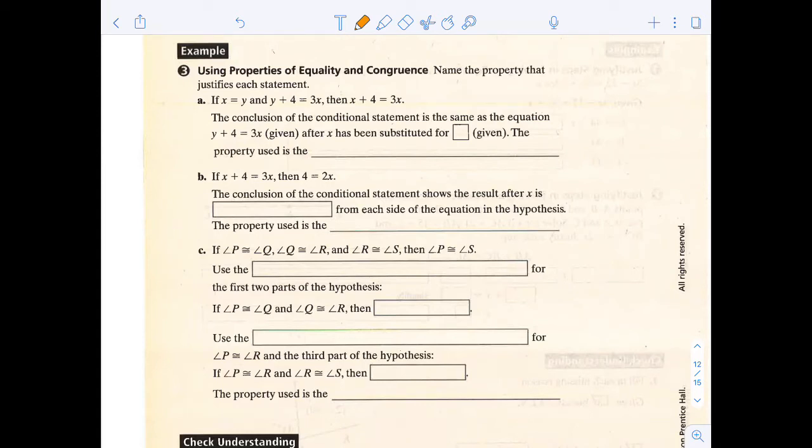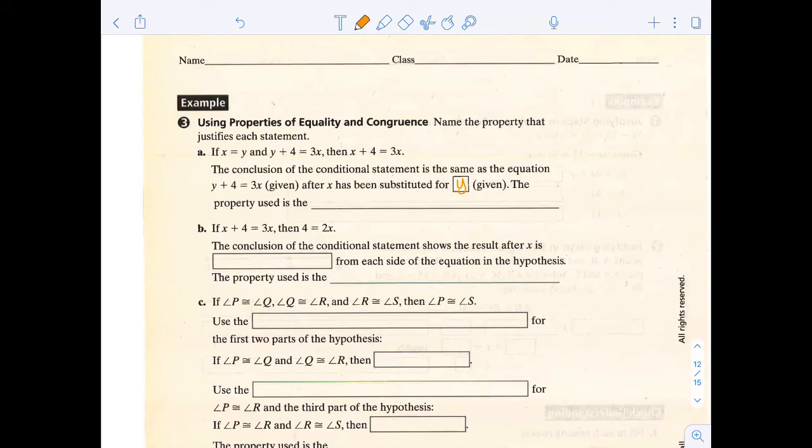Alright, example 3 says using properties of equality and congruence, name the property that justifies each statement. If x equals y and y plus 4 equals 3x, then x plus 4 equals 3x. The conclusion of the conditional statement is the same as the equation y plus 4 equals 3x, which was given to us after x has been substituted for y.